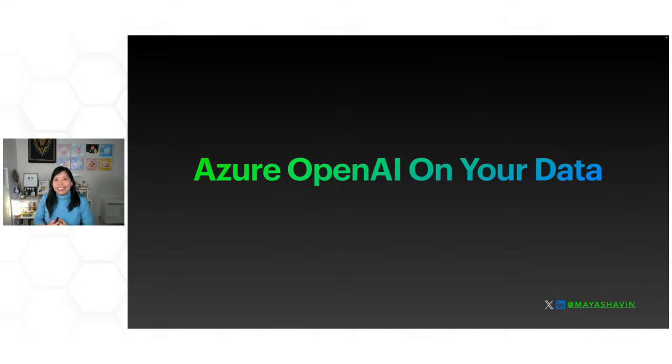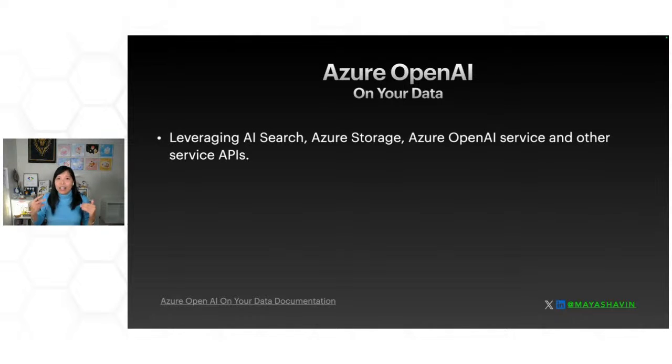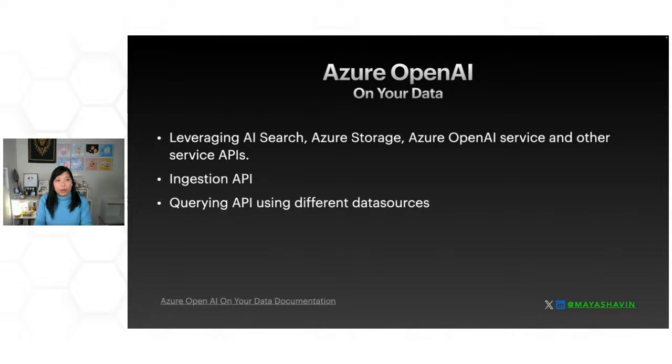So what is Azure OpenAI on your data? Azure OpenAI on your data is Azure OpenAI with an extra capability called on your data, which provides out-of-the-box solutions that leverage different services like AI Search, storage, the OpenAI service, and other services that are not even in Azure, such as Elasticsearch, Cosmos DB, and maybe Hugging Face, to help you perform ingestion. It provides an ingestion API, and it also provides a querying API that allows you to plug in different data sources.